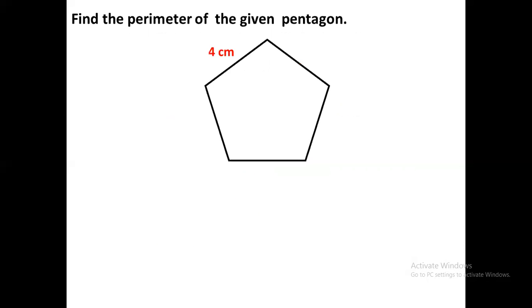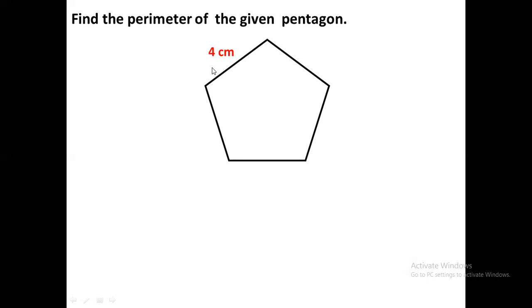Well done. What is this shape? 1, 2, 3, 4, 5. All of you are familiar with this 5-sided shape. You know that a shape having 5 sides is called a pentagon because penta is a Greek word for 5. So in this pentagon, all the sides are equal.